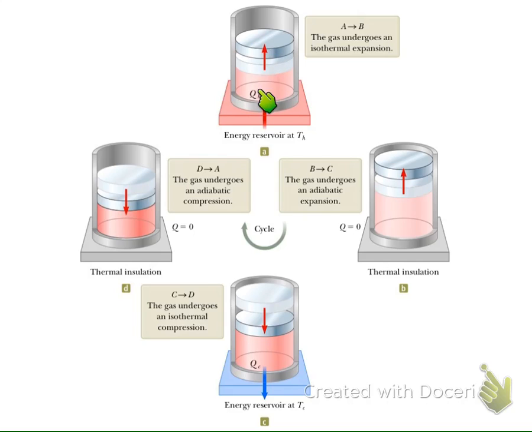After it expands to the maximum volume, we take away the hot reservoir and seal the system so that heat cannot enter or leave the system, and let the system expand further under the adiabatic process, that is, no heat enters or leaves the system.